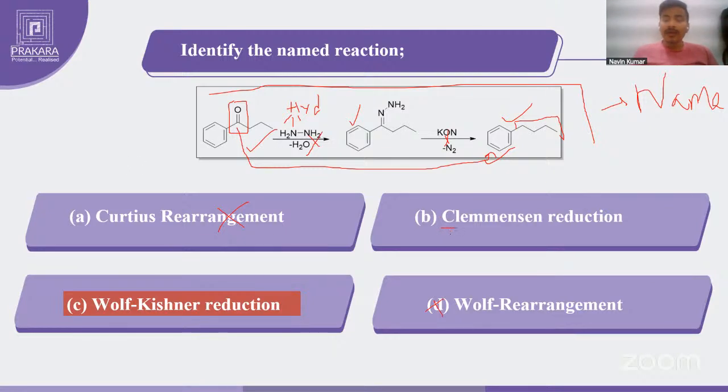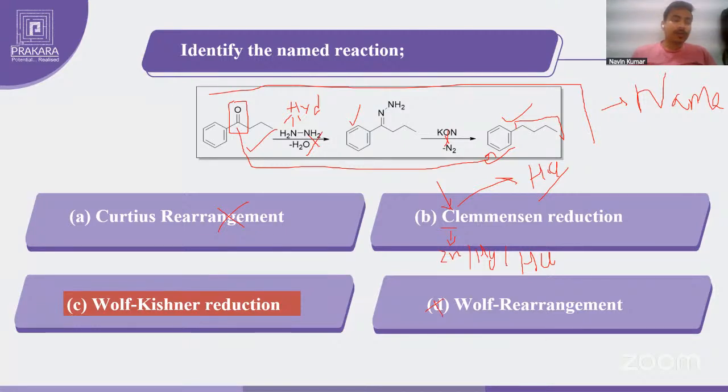The Clemmensen uses zinc amalgam, ZnHg, along with acid, which is frequently HCl. So you can remember Cl, Clemmensen, Cl with HCl. If you see zinc amalgam along with an acid or HCl in the option, it means the reduction will be the Clemmensen. And the given option contains hydrogen, which is not zinc amalgam.